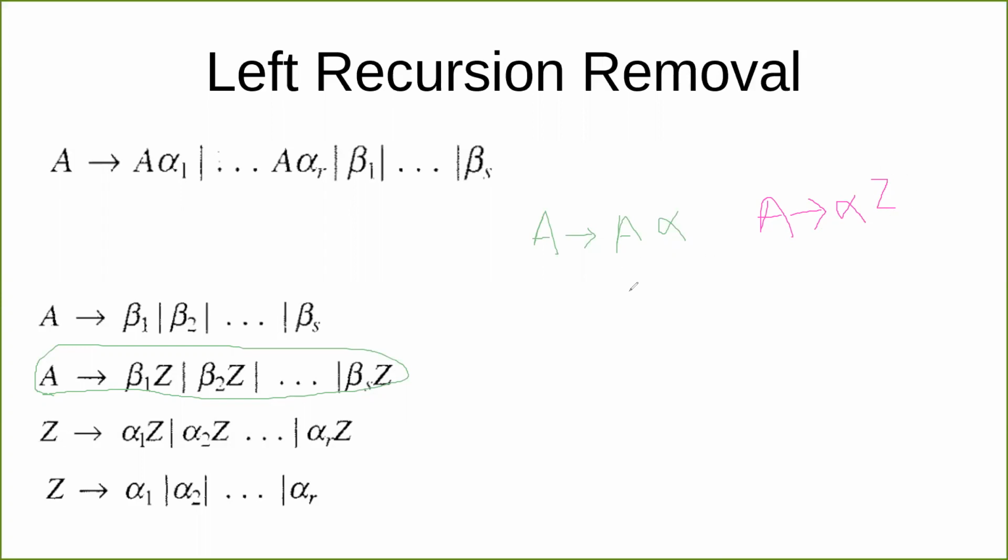And again, Z produces alpha Z, and Z produces alpha. And this production stays intact, A produces beta.